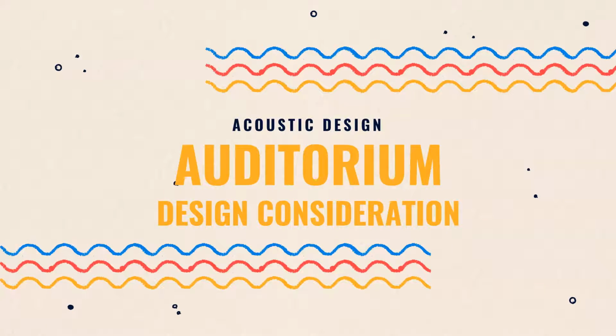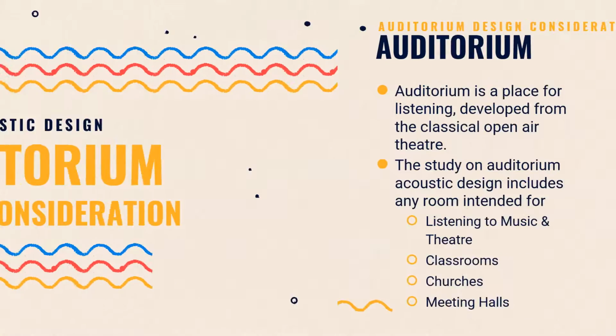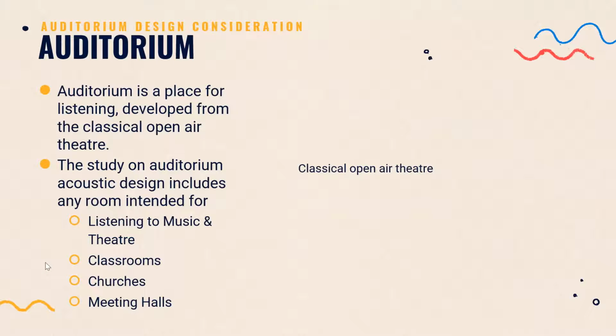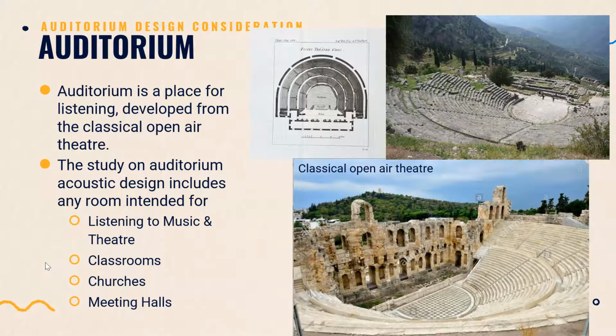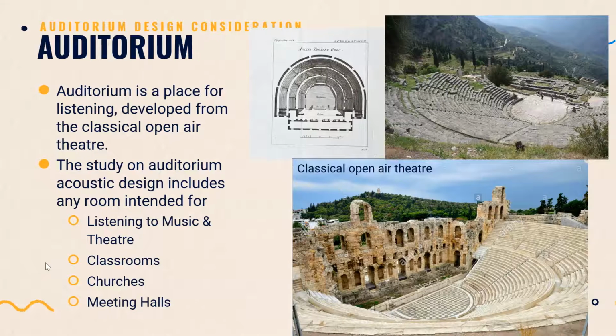Let's move to the next subtopic, auditorium acoustic design. Auditorium is a place for listening, developed from the classical open-air theatre. So in these few slides, this includes any room intended for listening to music, theatre, classrooms, church, mosque, meeting halls, and others.